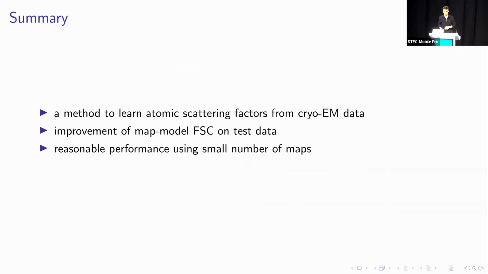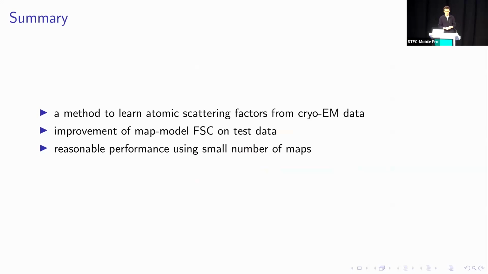Okay, so to summarize, we've proposed a method to learn scattering factors from cryo-EM data. And the scattering factors produced by this method show improved agreement with observations compared to scattering factors that we use at the moment.